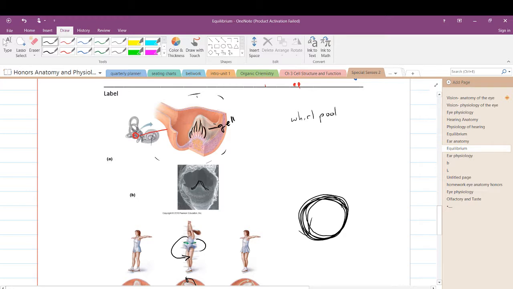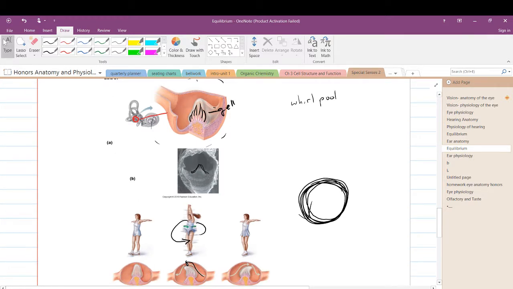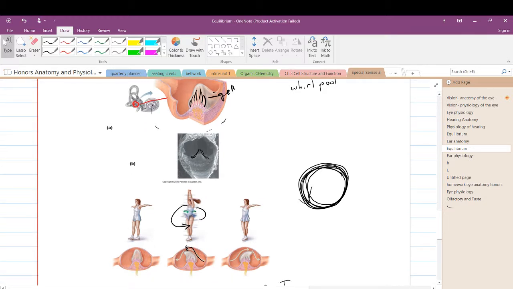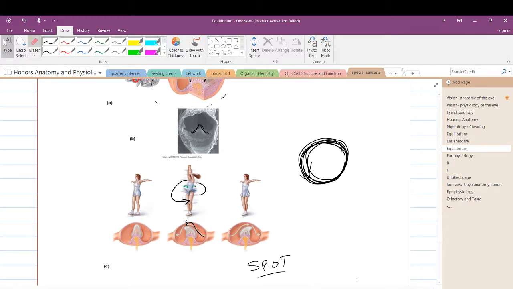And so here's what it actually looks like in the black and white. So here's our dancer, ice skater. And as our ice skater is moving, notice she's moving, look at the arrow, she's moving to the right, the fluid's moving to the left.